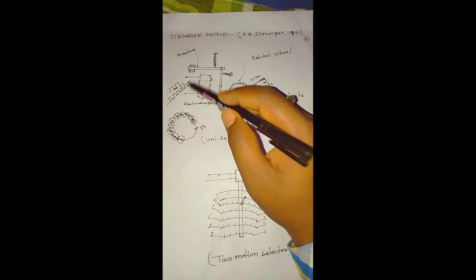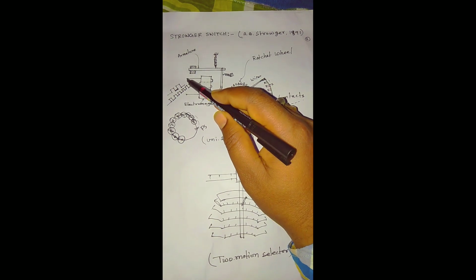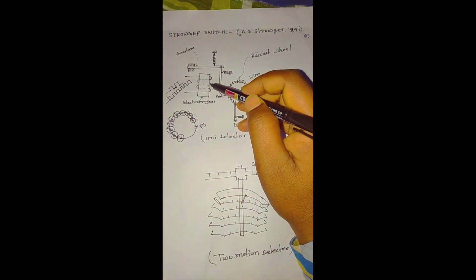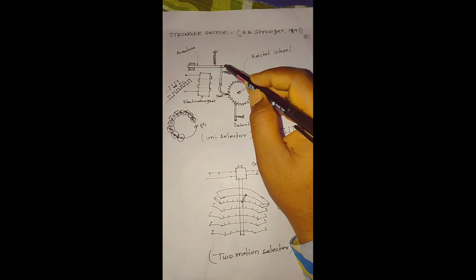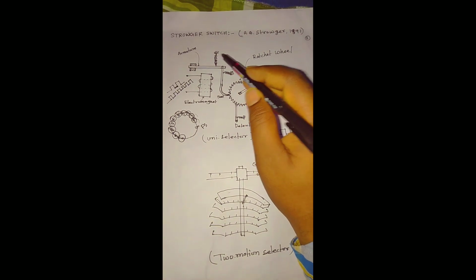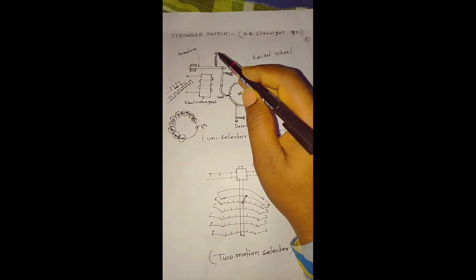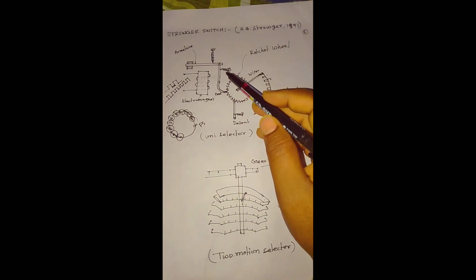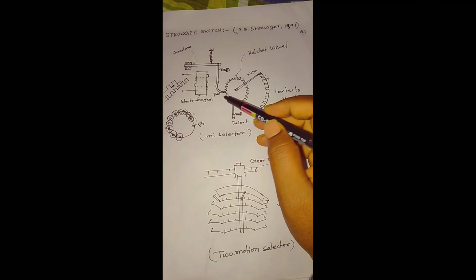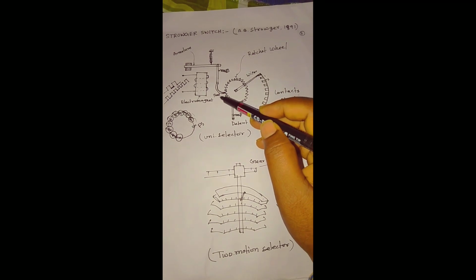These are the input portions of pulses to the electromagnet. This armature is supported by two springs, one horizontal and one vertical, with a pawl here.